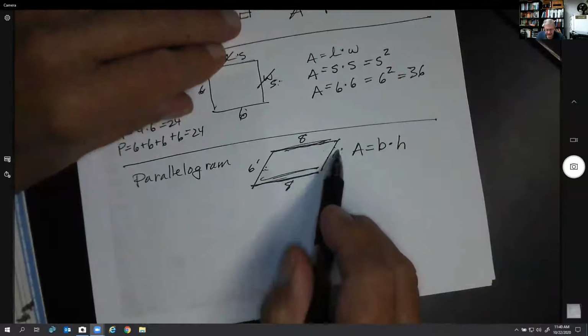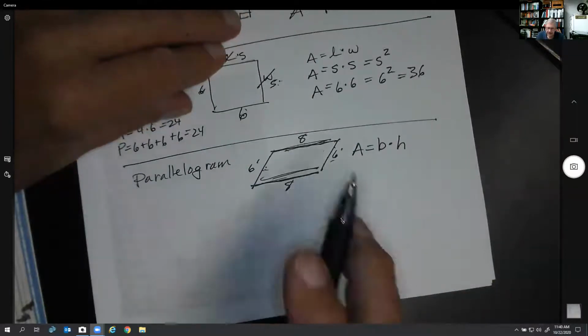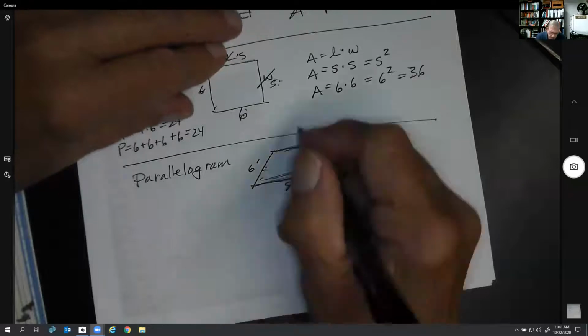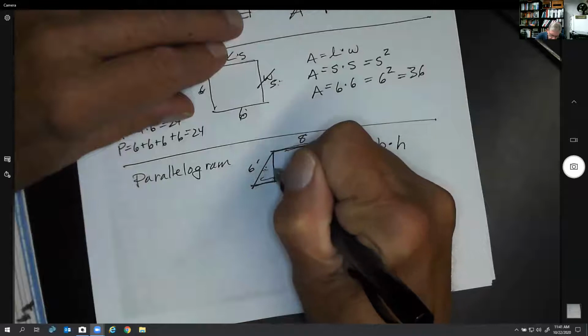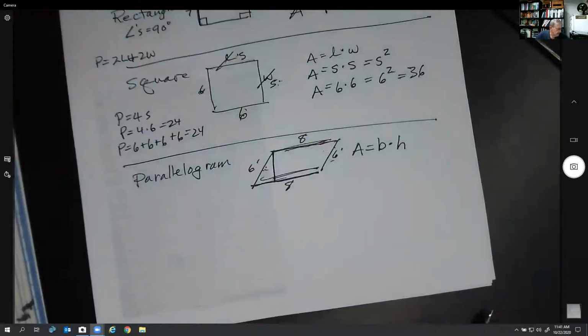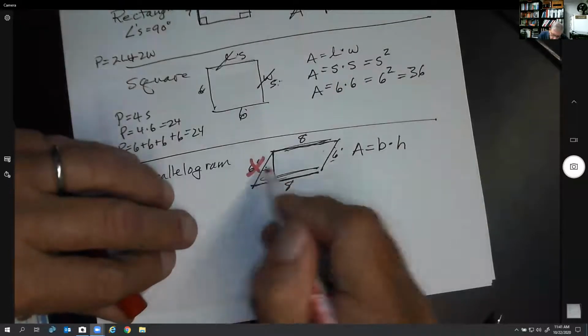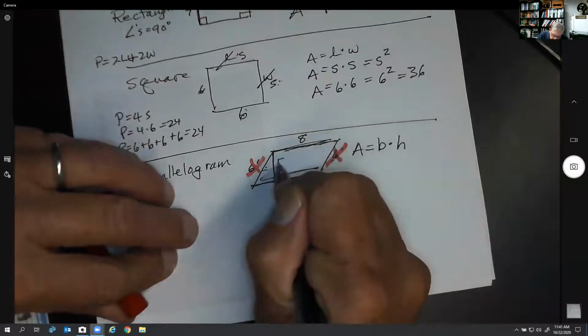Well, to find the perimeter, we would just add all the sides. But to calculate the area, we need the height coming up and down. We don't really want these sides. These sides are going to throw us off. What we need right here is the height. How tall is it?